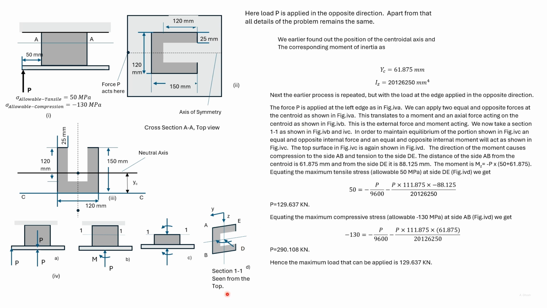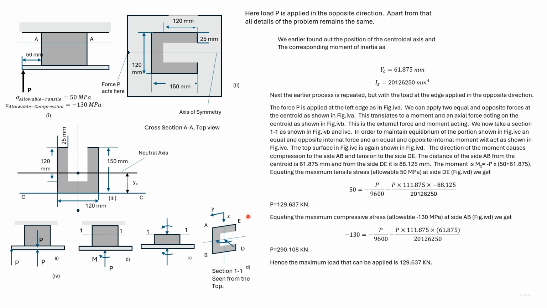Looking at section 1-1 from the top, we have a compressive force acting and a moment acting as shown, so that at AB there will be compressive stress both due to bending and due to the axial force.